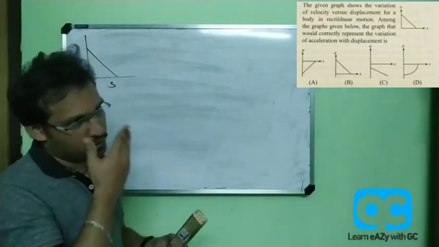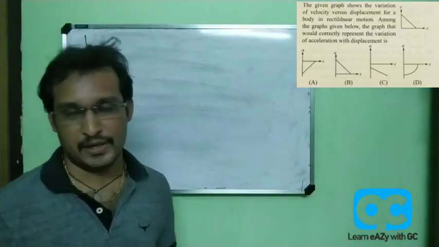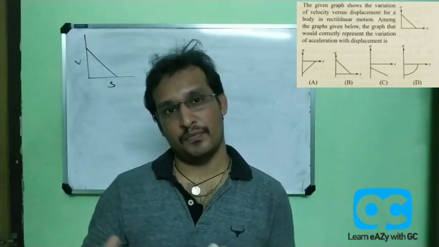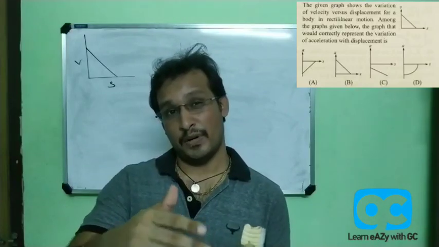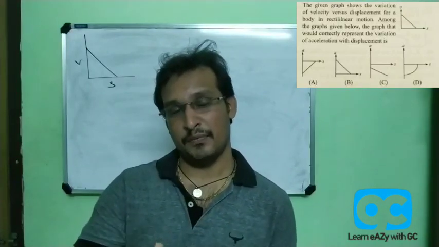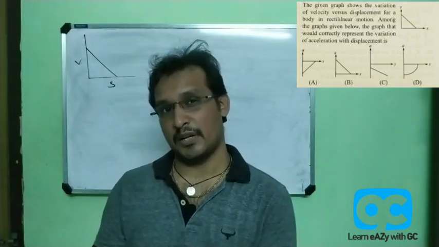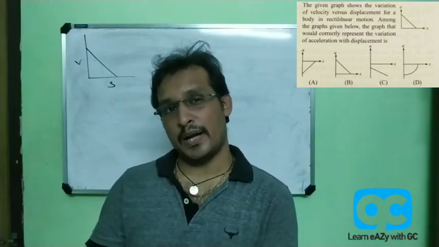If this type of question comes in your exam, many questions are coming like this. From electromagnetic induction also they will ask, like they will provide an EMF time graph, the variation of EMF, and ask what is the equivalent current time graph.